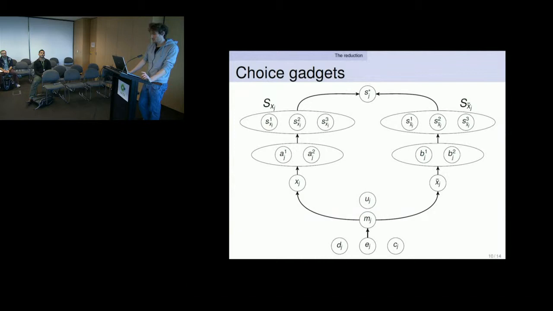So this is the choice gadget, and the way to read this, again, is that unless specified otherwise, players to the right beat players to the left, and players at the top beat players at the bottom.